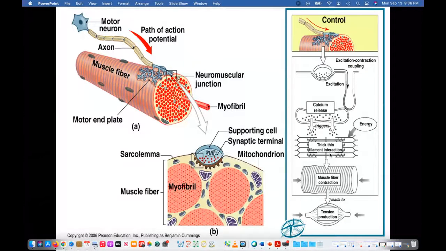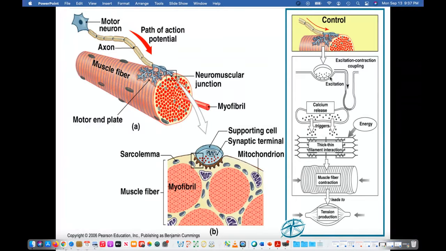But for simplicity for now, we know that calcium rushes in, it tells the neurotransmitter to release itself through exocytosis in the synaptic cleft. That acetylcholine then binds to the sodium channel.